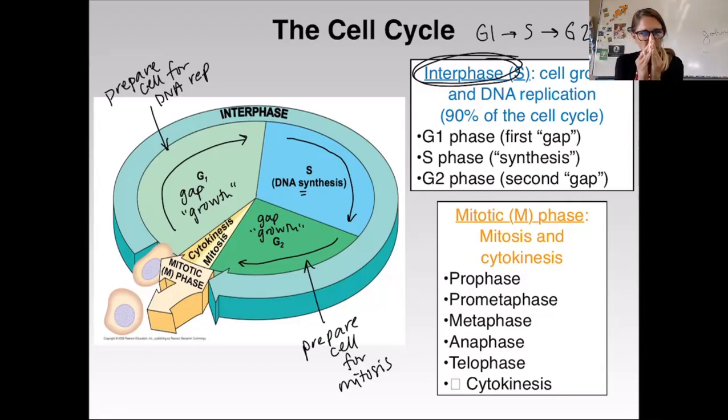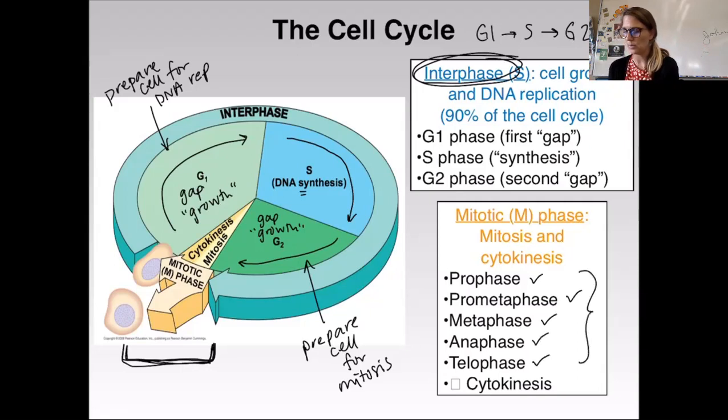Then a very small percent of the cell's life, about 10%, is in M phase or the mitotic phase, right? And that is represented here by these kind of, I don't know, yellowish color. And you have mitosis followed by cytokinesis, all right? And that together is the M phase. And we're gonna see that there are 5 stages that you have to know for mitosis: prophase, prometaphase, metaphase, anaphase, telophase, right? 1, 2, 3, 4, 5.